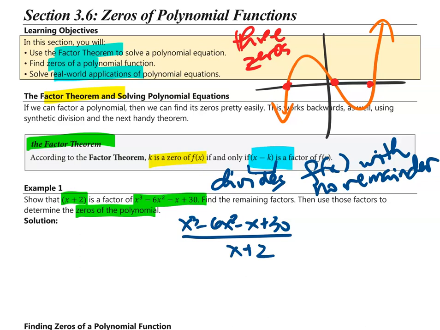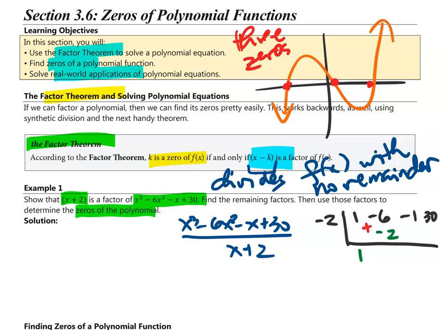So by using synthetic division, remember this, x plus 2, we use negative 2, and then the coefficients: x cubed is 1, x squared is negative 6, x is negative 1, and a constant 30. So what we do here is bring down 1, times negative 2 is negative 2, and then we always add.